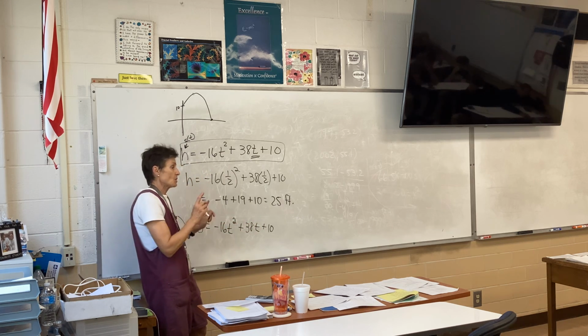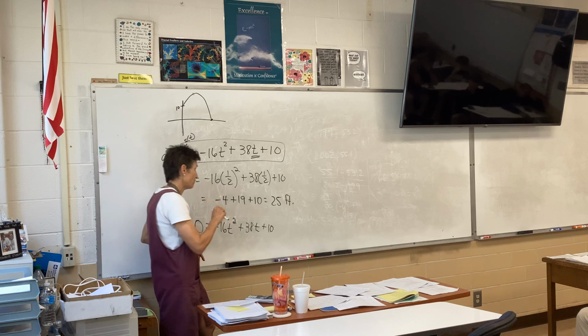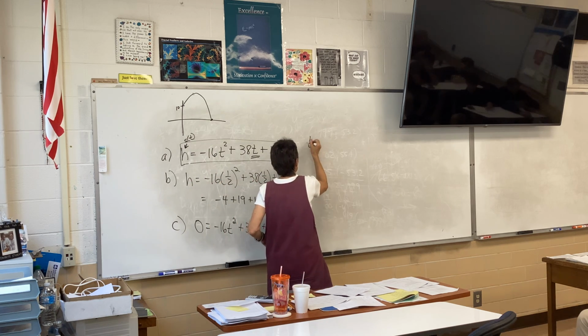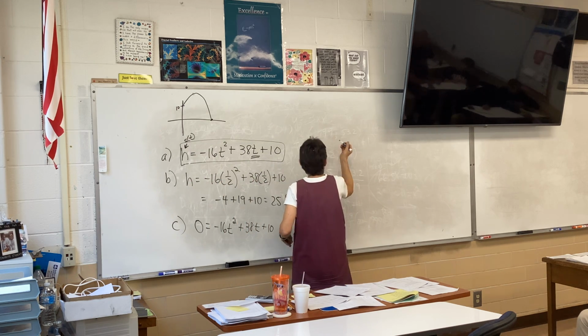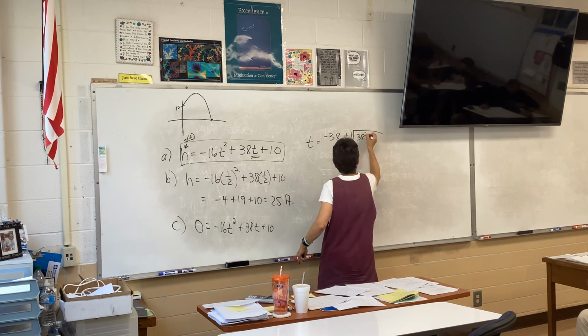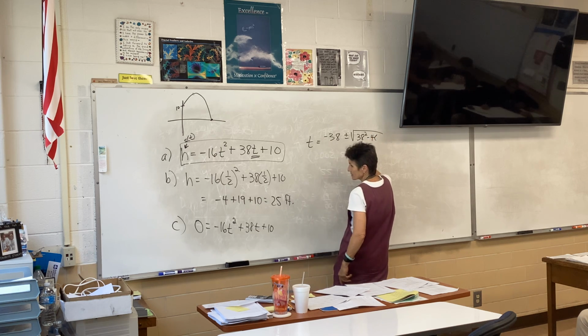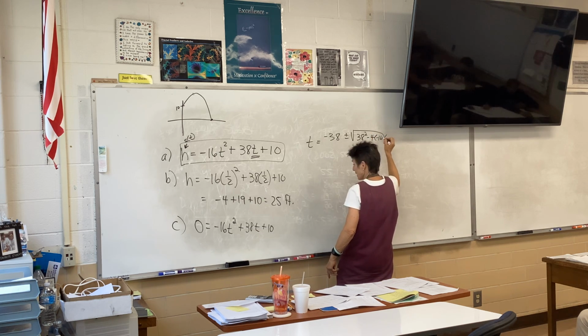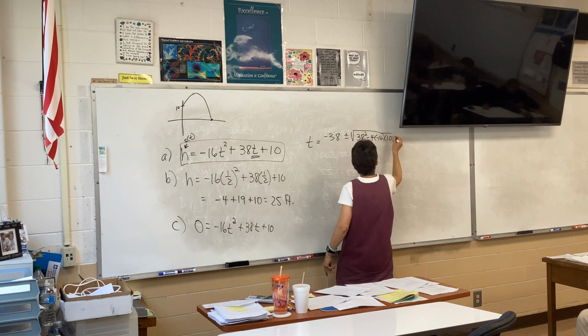It is perfectly legitimate, but if I have a choice, I'm not doing it. Okay? So, I'm going to run through with the quadratic formula just to show you how that works. And then we're going to talk about maybe doing it graphically on our calculator. So, negative 38 plus or minus the square root of 38 squared minus 4 times A times C. Let's make sure we can all type this in.